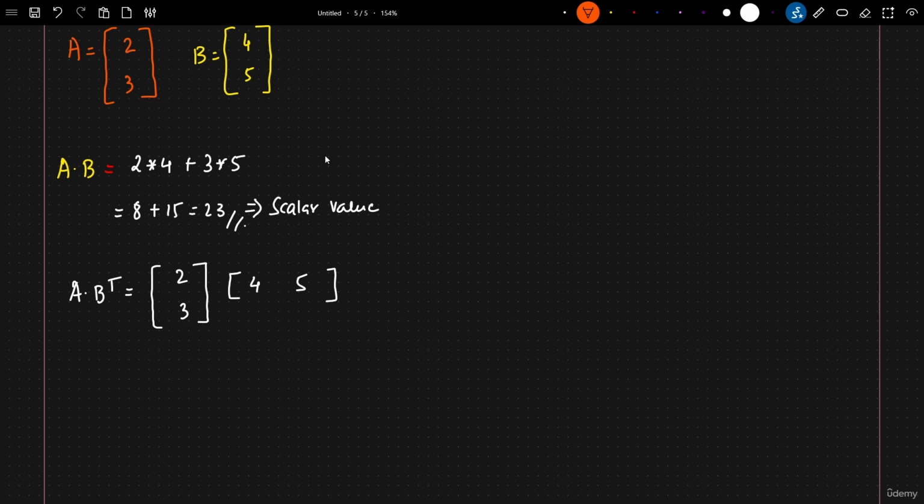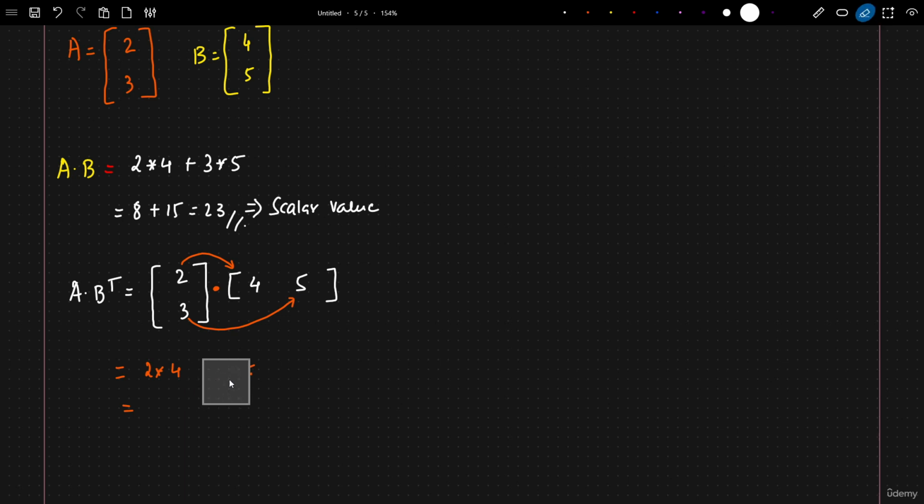And then when we do the dot product over here, this will get multiplied by this, and this will get multiplied by this, and we'll do the summation of the values. Usually in most use cases, whenever we need to do the dot product, we really need to transpose one of the vectors. Okay, so this will be 2 multiplied by 4 plus 3 multiplied by 5. So this is also one way of representation that we specifically use.